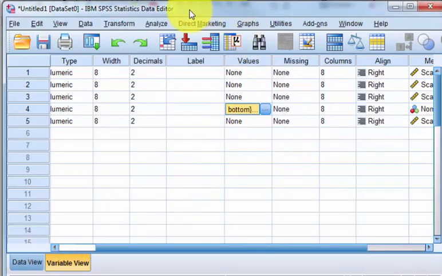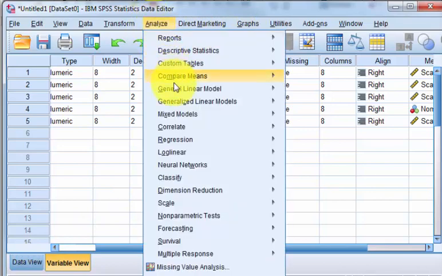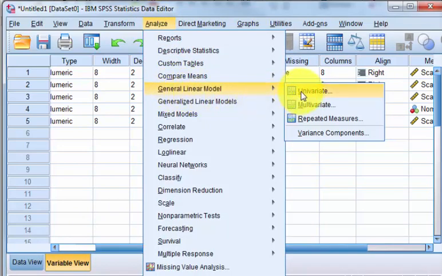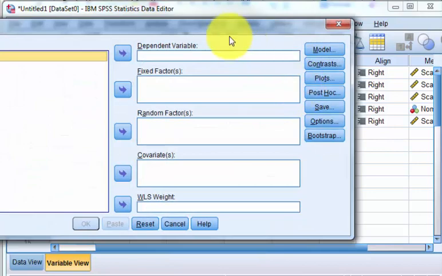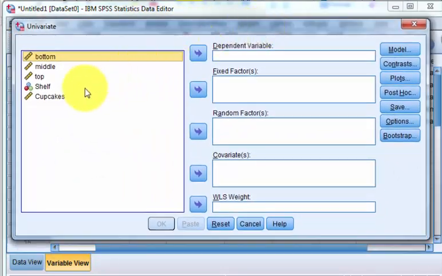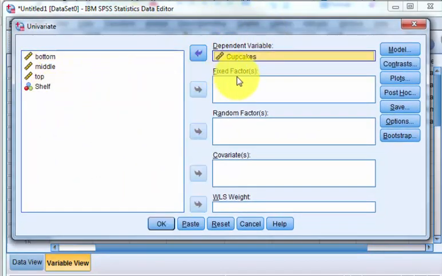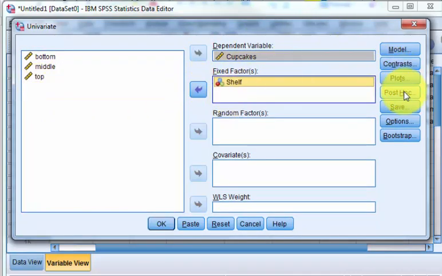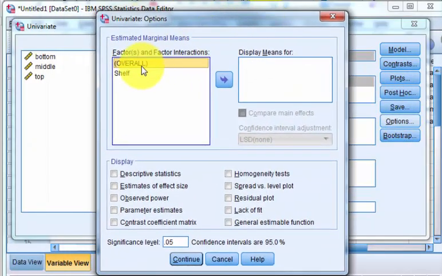Okay, so let's go to Analyze, General Linear Model, Univariate, that means 1 DV. And our DV is cupcakes. And our fixed factor, so remember, factor means categorical variable. That is shelf. And we'll just go for the options.